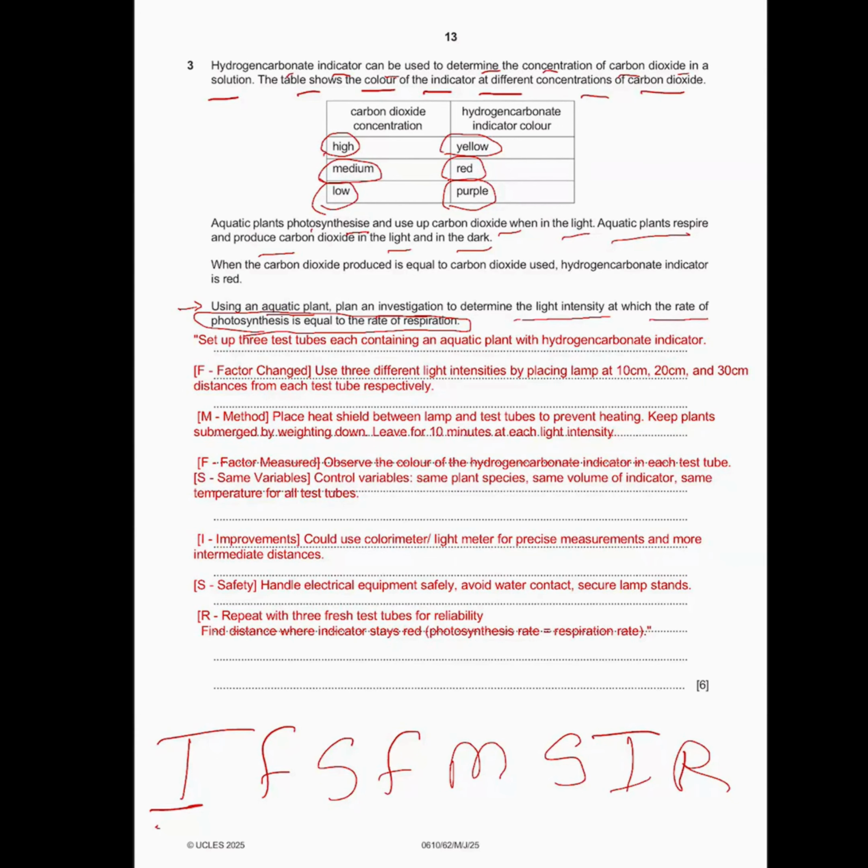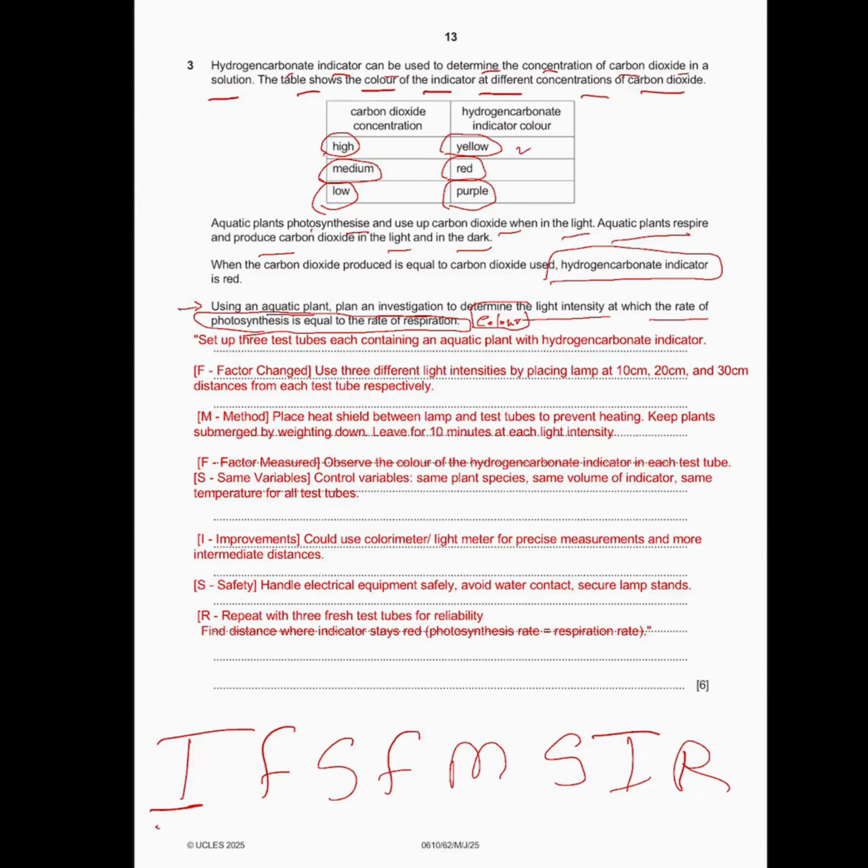So what am I going to investigate? I will investigate color. How do I know? Because he said carbon dioxide is produced and it's measured by hydrogen carbonate indicator.